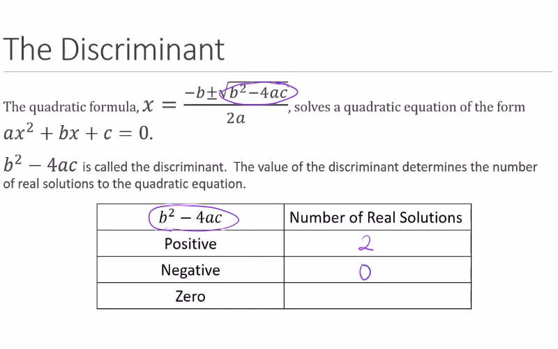And on the side, I'm going to put 2 complex solutions. And then if what's underneath the radical, or the discriminant, is 0, then we'll have 1 real solution. So, a good chart to have in your notes.